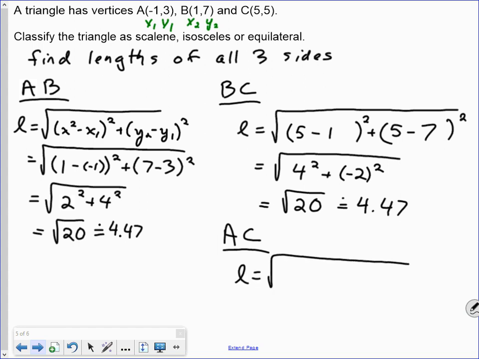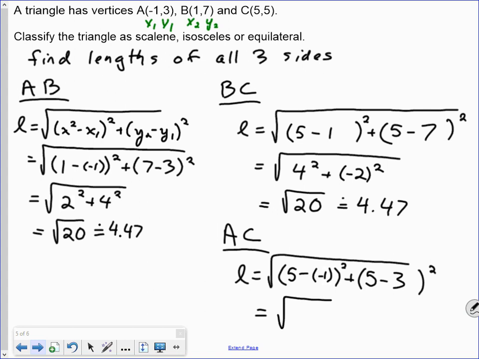And again, we are going to want to use our length formula. Our x2, our second point, is going to be point C here, so I'm going to put in x2 is going to be 5, and y2 is going to be 5. And then we're going to subtract the coordinates of point A, -1 and 3.